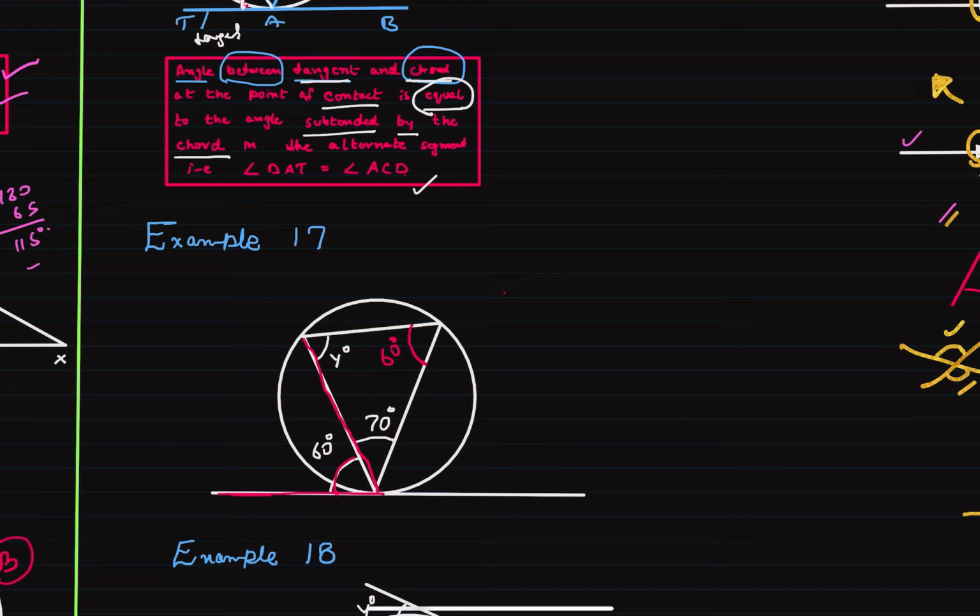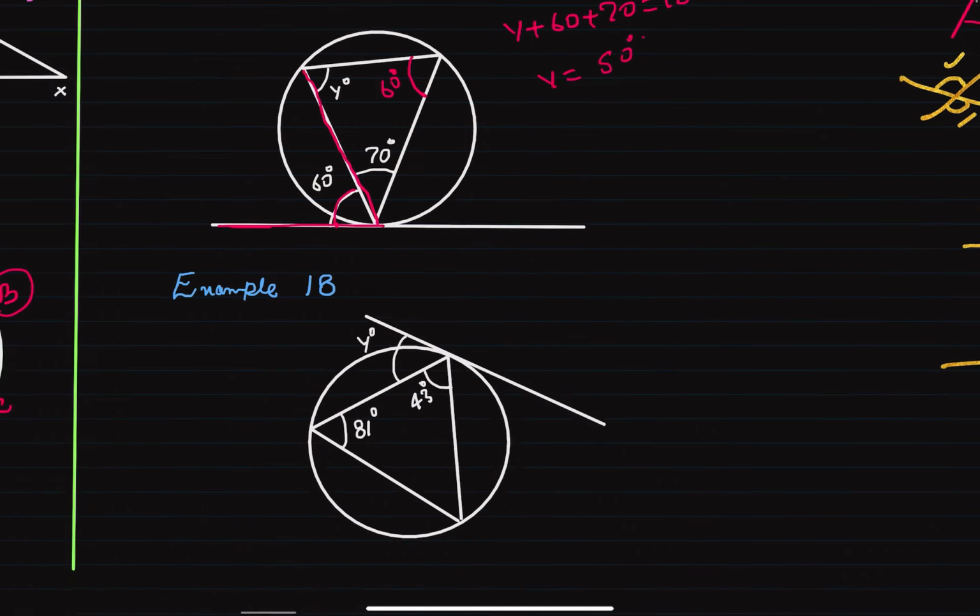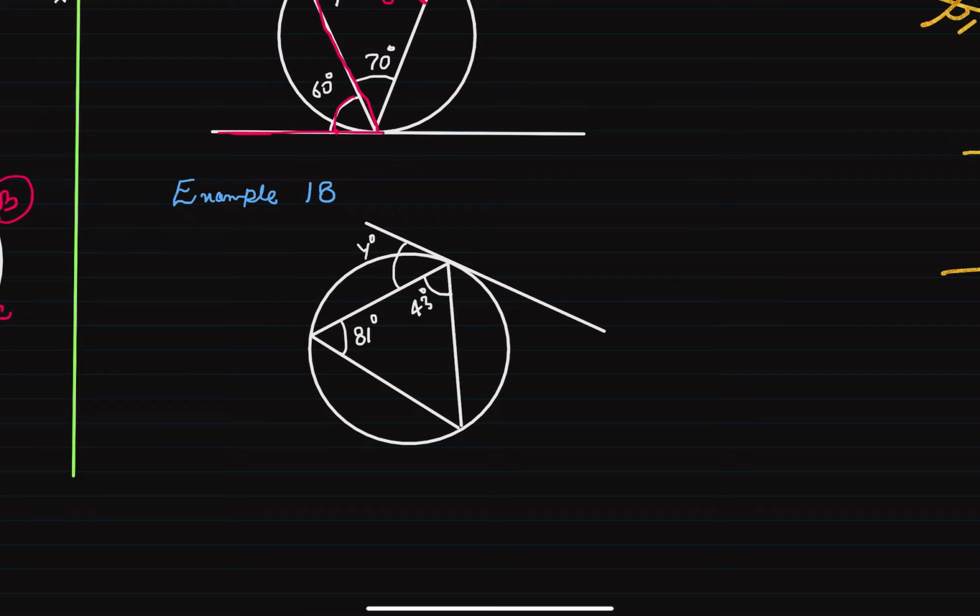So you can use that y plus 60 plus 70 equals 180, and then y is equal to 180 minus 60 minus 70. 180 minus 60 minus 70 is 50 degrees, right? The last is this.